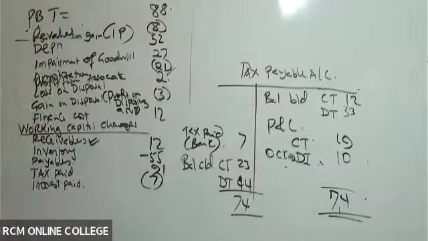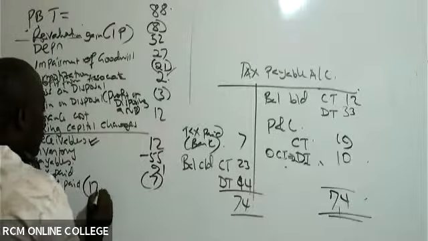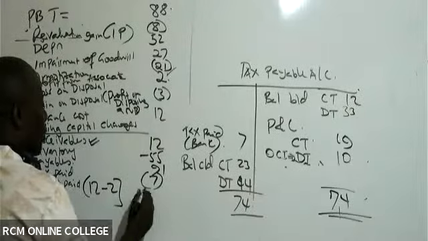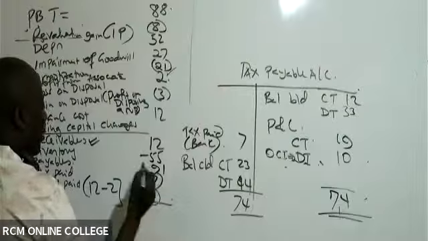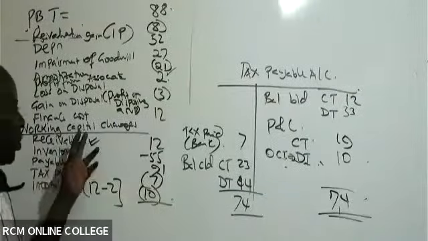For interest paid, we don't have an interest payable account in our current liabilities, so interest paid will be the 12. But remember, there is a misclassification of 2. Remember, interest paid is the finance cost.